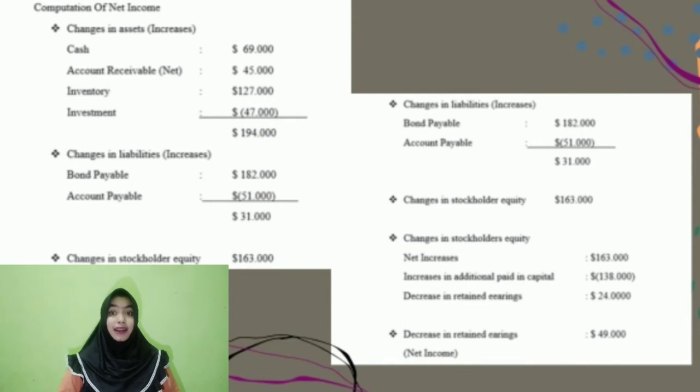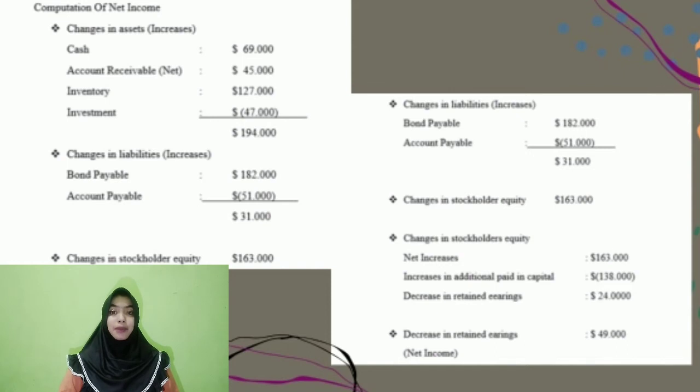Then, we further classify which ones are included as liability. It is clear that the liabilities are bond payable and account payable. We can know from the reduction that the liability value is $31,000. So after we know the value of the asset and liability, we can find out the equity value of the shareholders of $163,000.